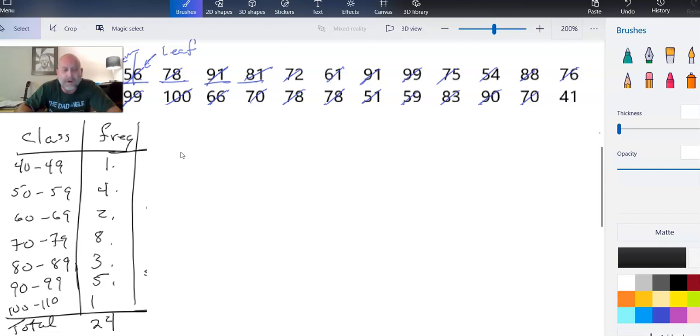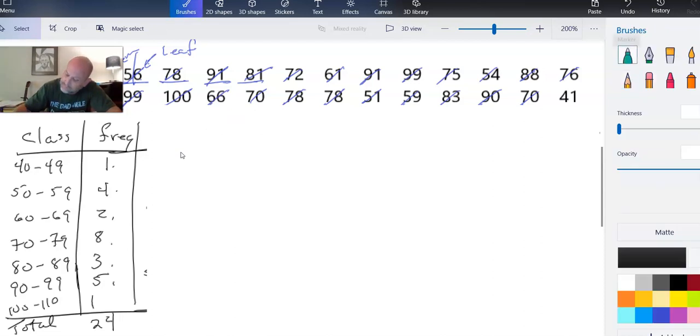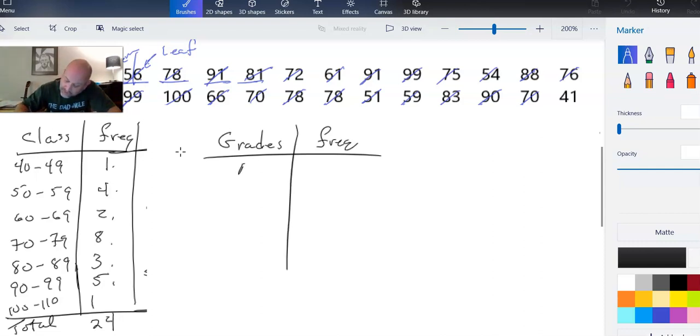So perhaps I wanted a grade distribution instead. So let's say here I want to break this up in terms of grades. Right? So we'll have a frequency distribution here. But I just want to do it with A, B, C, D, and F. Right?